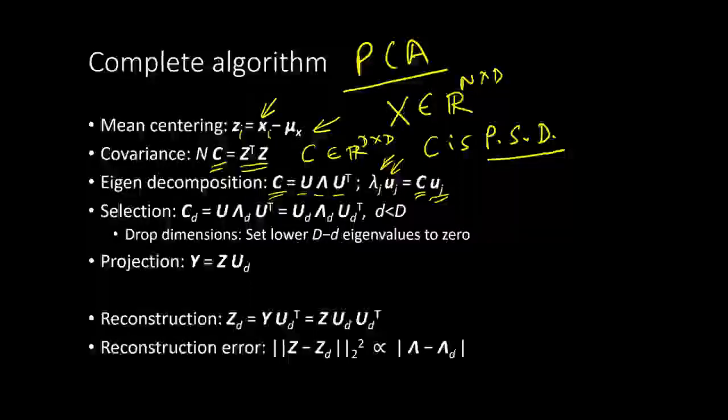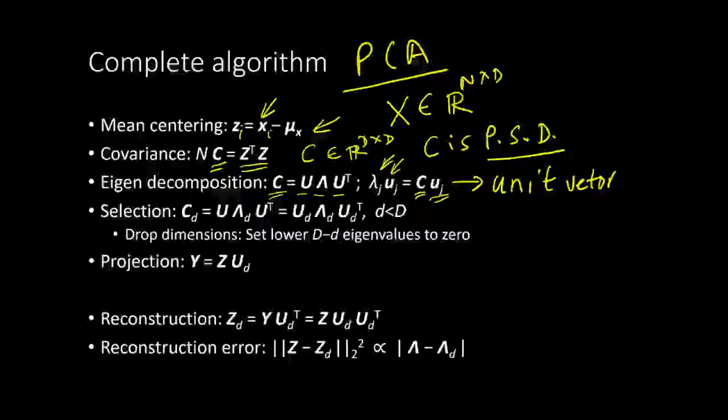So how many eigenvectors and eigenvalues will we get? We will get d eigenvalues, and each eigenvalue will be paired with one eigenvector. By convention, this is a unit vector, meaning its L2 norm will be 1.